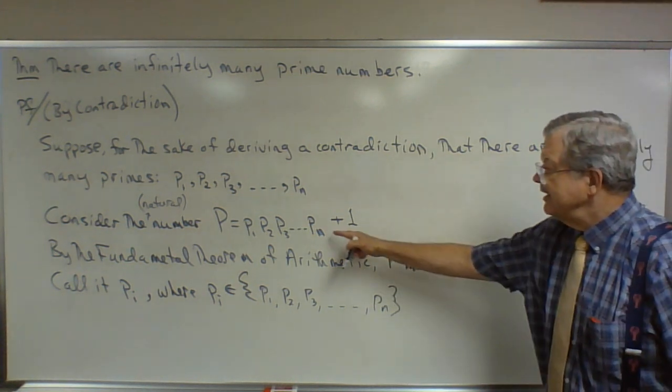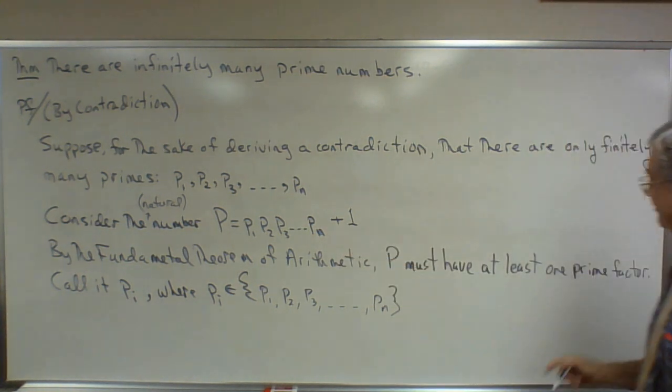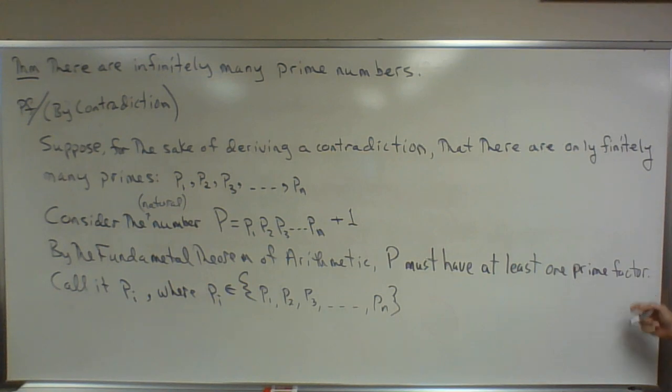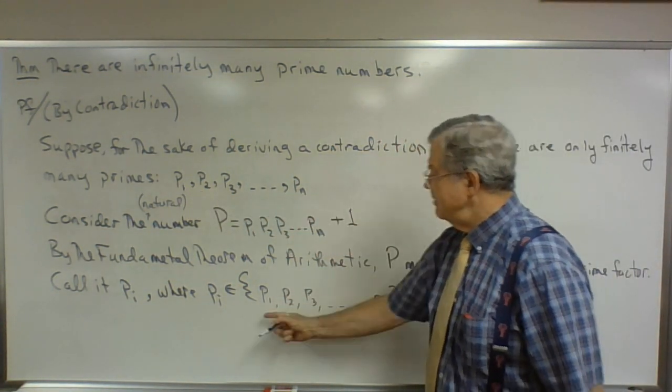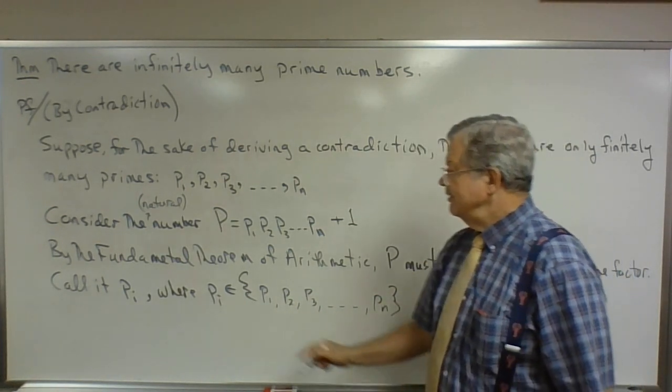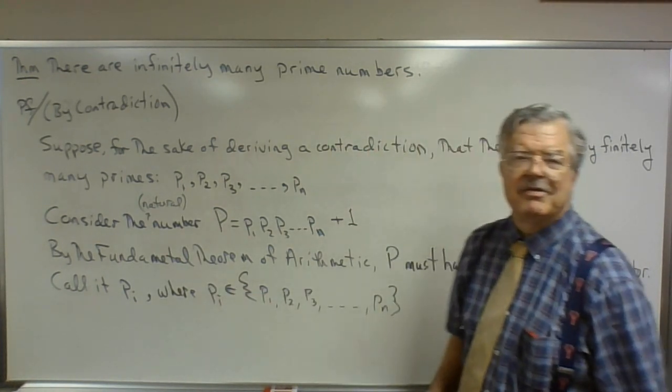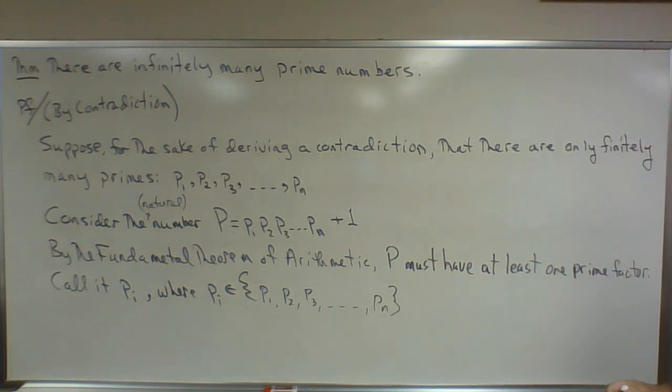Capital P, this number, has to have at least one prime factor, and it has to come from this set of prime numbers. So we'll call it P sub i, whatever that prime factor is.